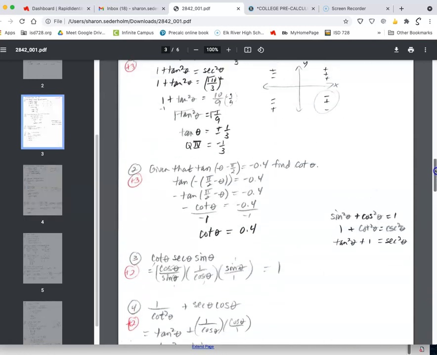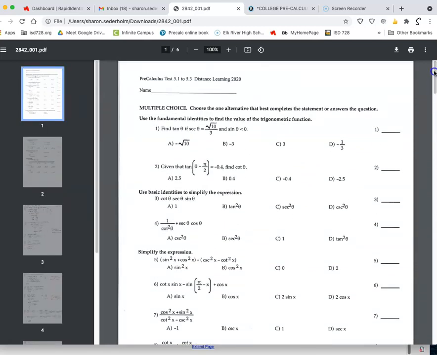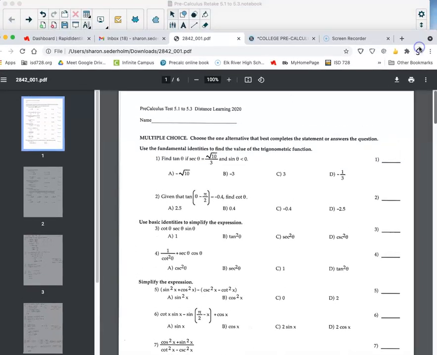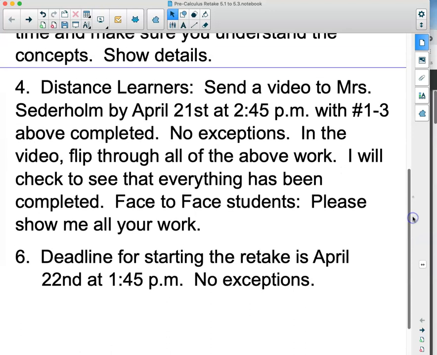I should be using those, because that's what we're supposed to do with this test. If you look at the directions, it said use the fundamental identities to find the value of the trigonometric function, use basic identities to simplify the expression. So it's those types of things that whenever you see a squared, you have to think, wait a minute, I can probably do something with my Pythagorean identities here.